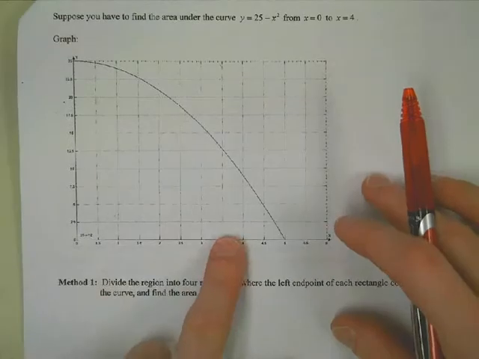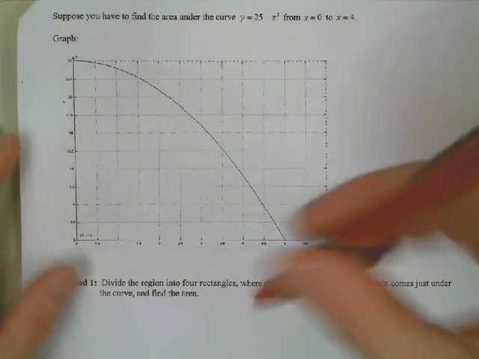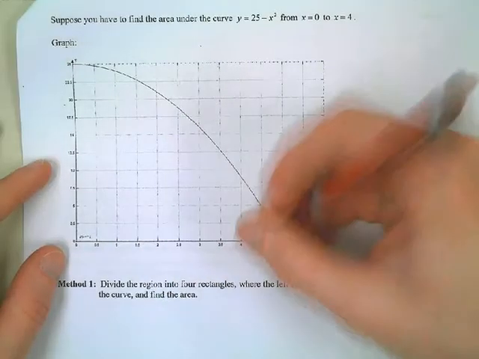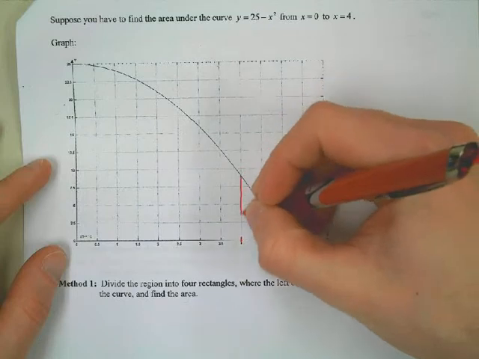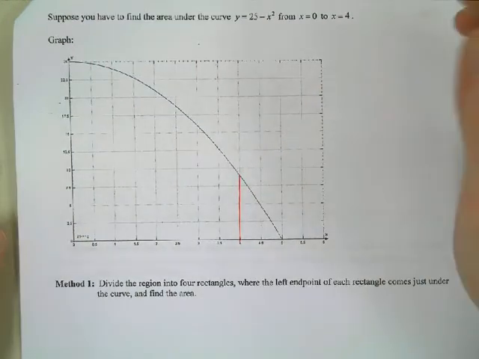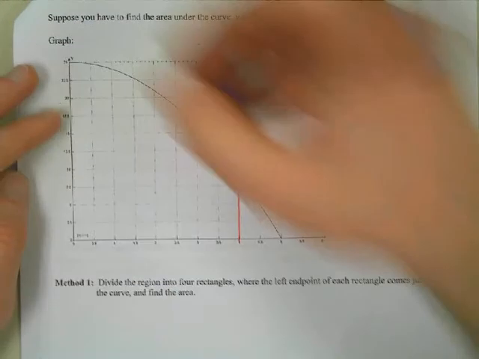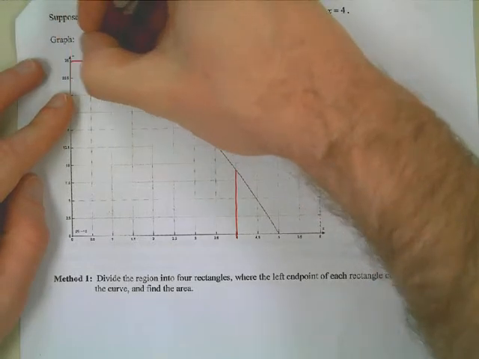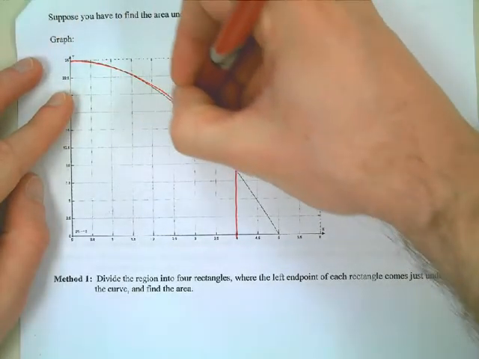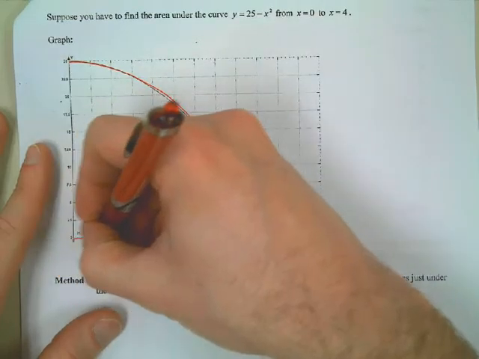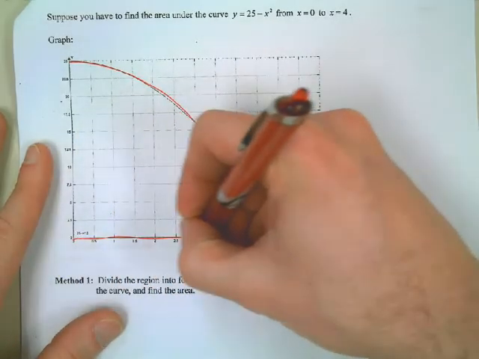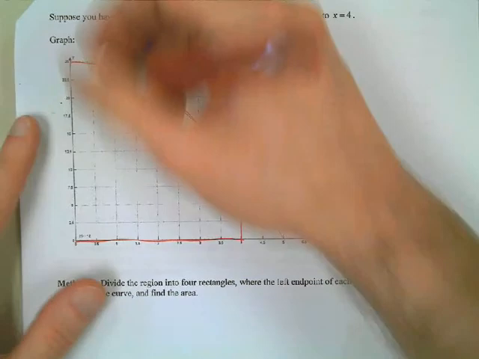All right, so from 0 out to 4, here's where 4 is, right there, and so that means we're going to have this vertical boundary line right here. Here's our top boundary line. It's going to be that curve. We also have the x-axis as our boundary line, and then the y-axis as well, because x equals 0 is a boundary line.